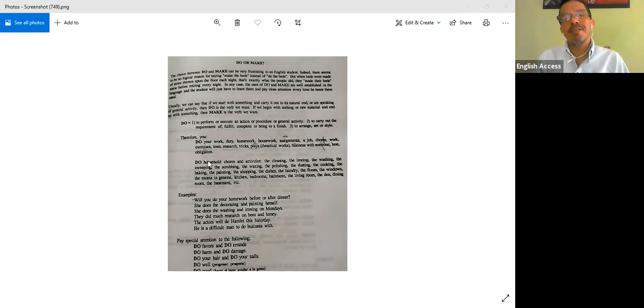Mostly you use make in some cases, but when you use do, like here, you do your work, duty, homework, housework, assignments, a job, chores, work, exercises, tests, research, tricks, plays, etc. The same with do for house chores and activities, like shopping, gardening, sweeping, mopping, etc. You have some examples here.